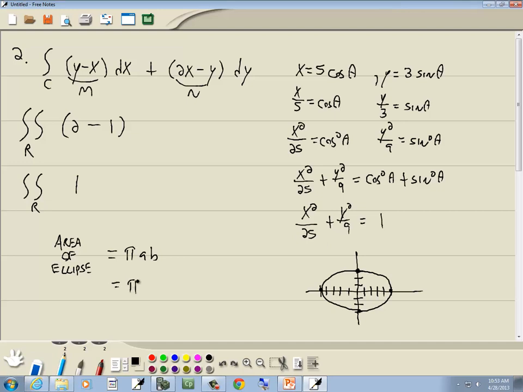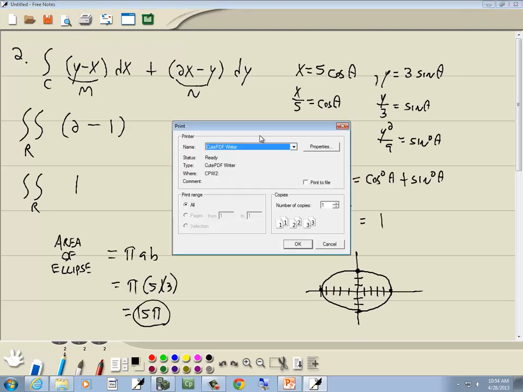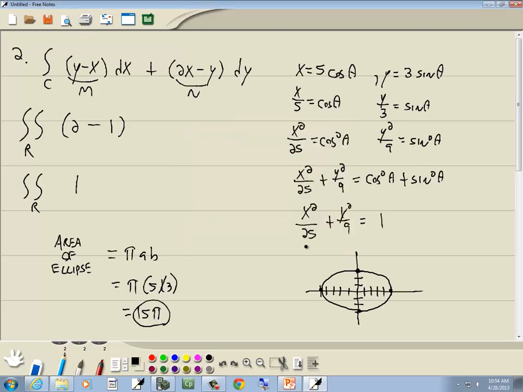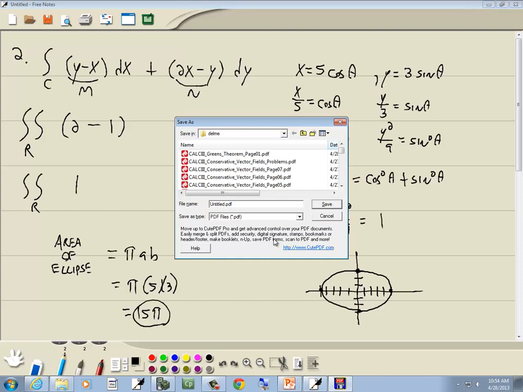So our answer is going to be pi times 5 times 3, so it's going to be 15 pi. Very simple on those, where you get 1 for this inner part. Then you don't have to worry about the region of integration. You just find your area with basic geometry formulas. So I'm going to go ahead and save that. Now, if you can't find your area easily, then that may not be the best way to go.